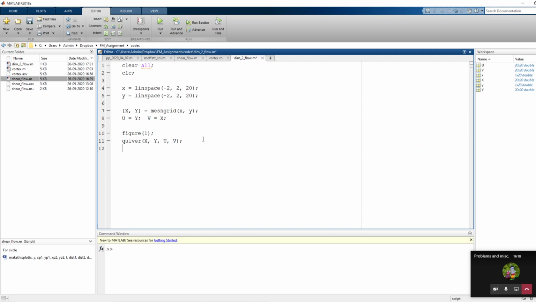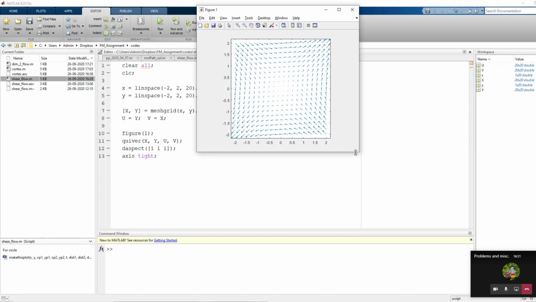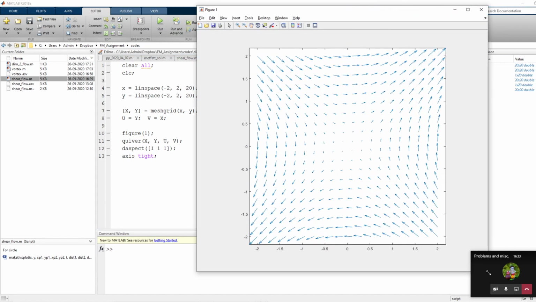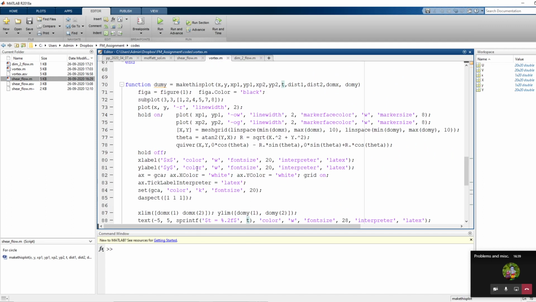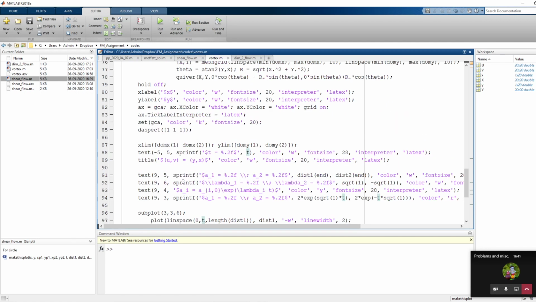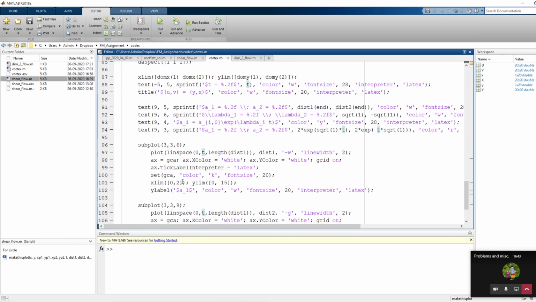So to make that, I'll do daspect 1 1 1, axis tight. So let's see. Yeah, this looks much better. There's no waste of white space. In fact, let me make the whole thing dark. Let me just copy a snippet of my own program.